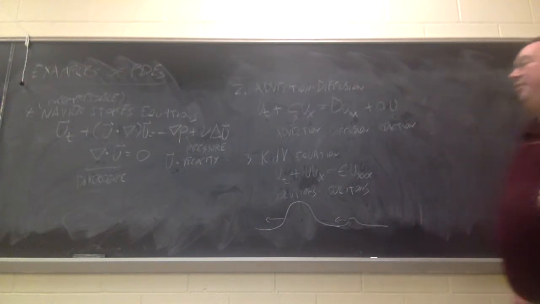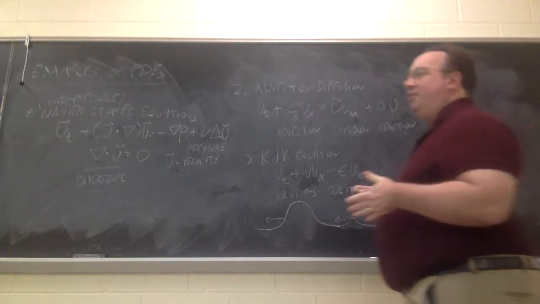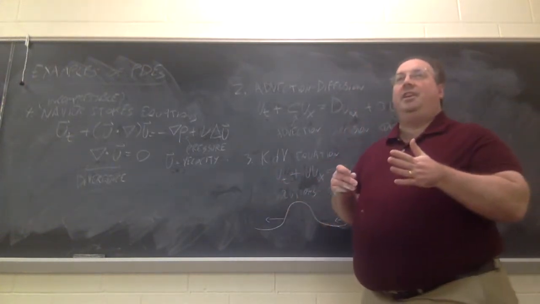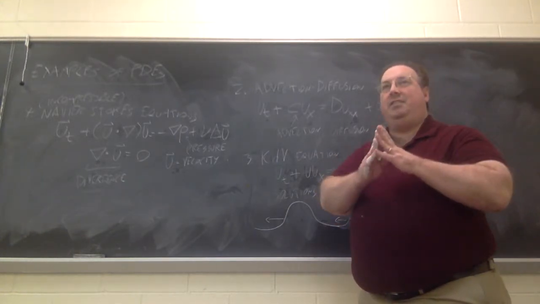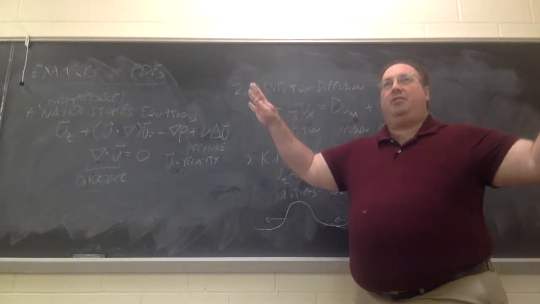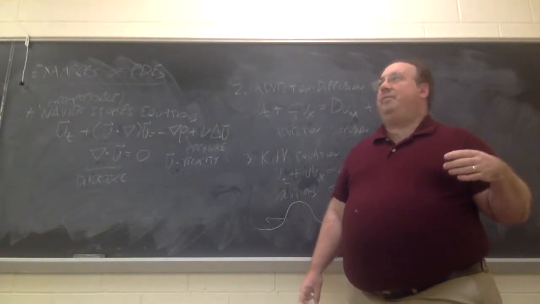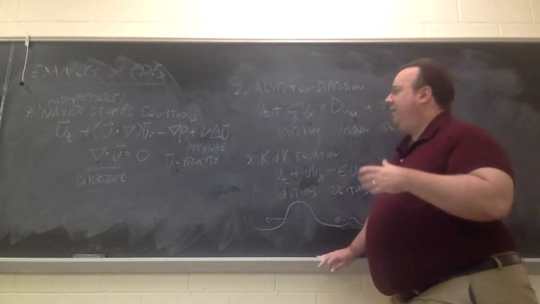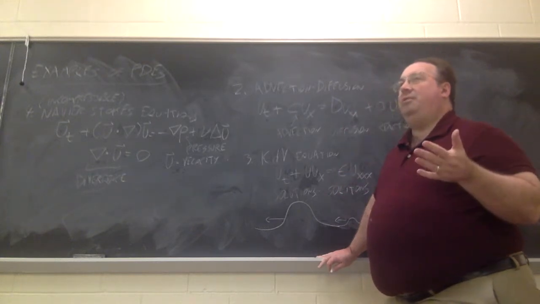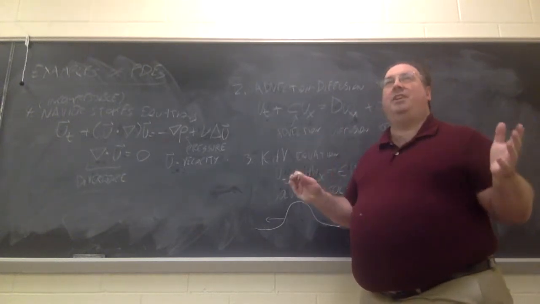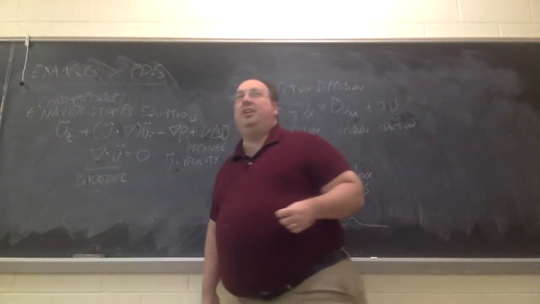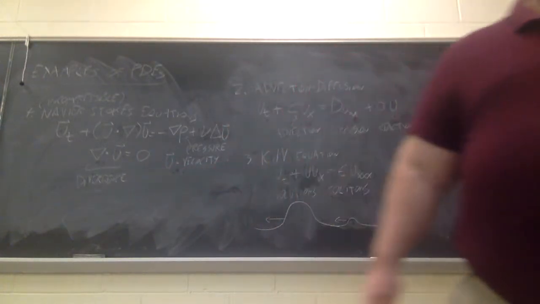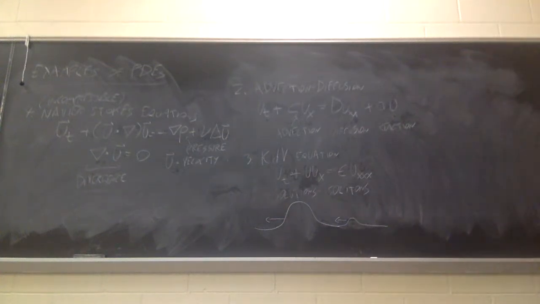Now, the divergence of a vector field indicates the tendency of a vector field to actually literally diverge from its current location. So when the divergence is 0, that means there's no tendency to spread out. That's what makes it incompressible, that the fluid tends not to change volume.